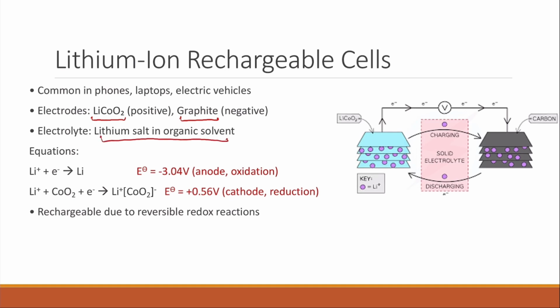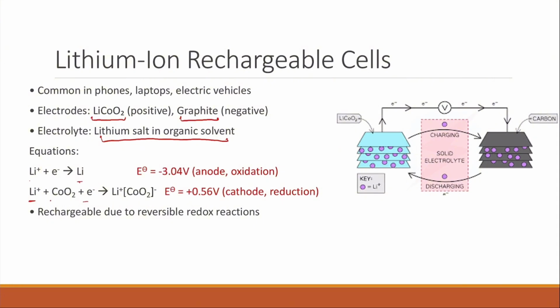So there are two equations here, and we're going to write both of them in the reduction form because we're going to refer to the standard electrode potential. So Li+ when reduced will give you the lithium atoms. And then the other one is the lithium ion reacting with the oxide and gaining electrons to give lithium oxide.